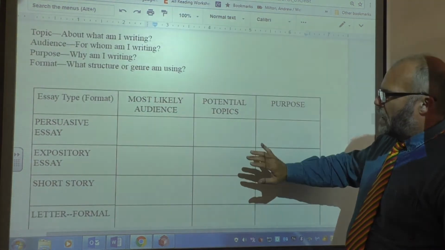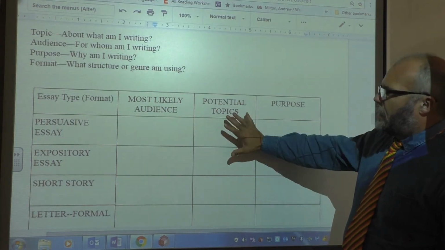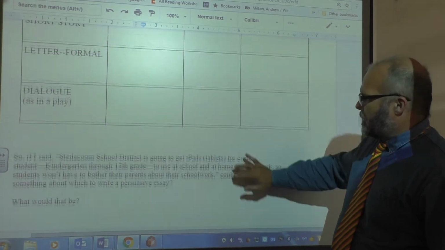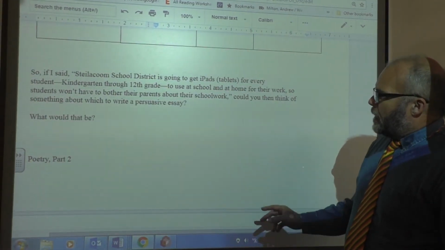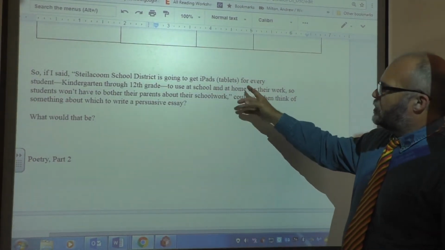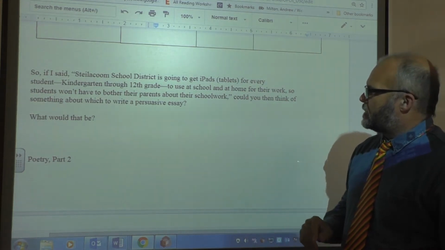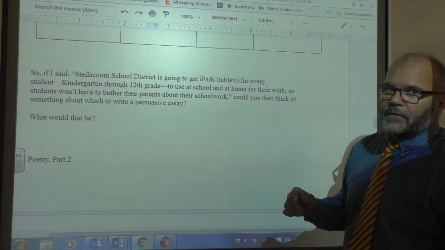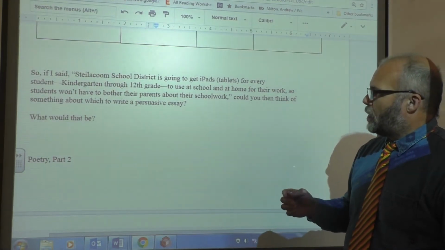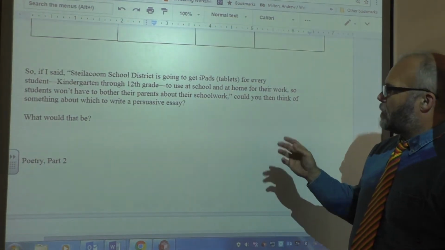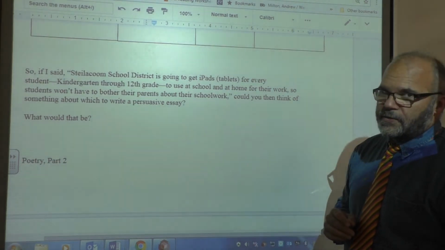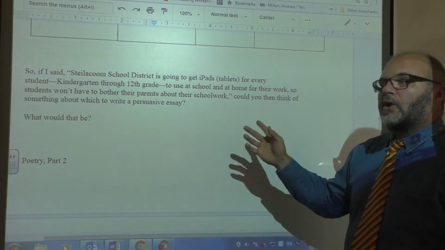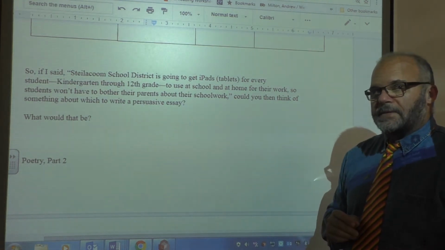Here's an exercise that I'd like you to not do. I don't think we'll go through that together, I hope, at some point, so skip that. Now here's an issue. If Steilacoom School District says it's going to get iPads or tablets for every student from kindergarten through 12th grade to use at school and at home, so that parents won't be bothered by their students doing schoolwork, asking them for help and so on, could you make a persuasive point about that?